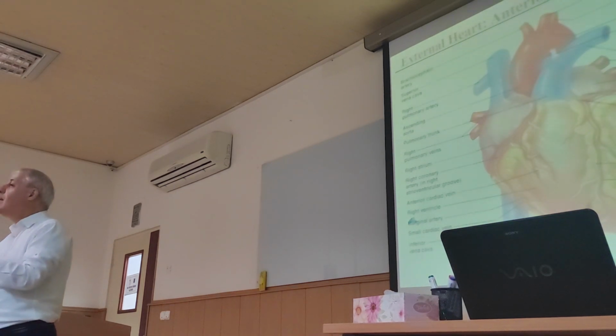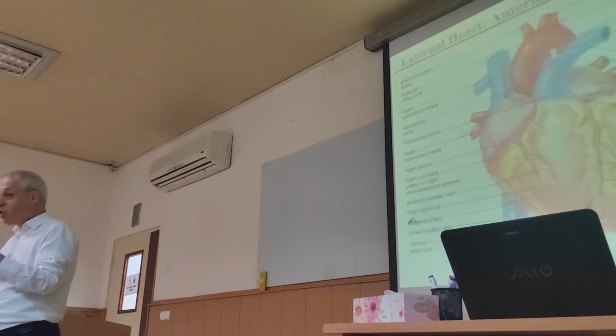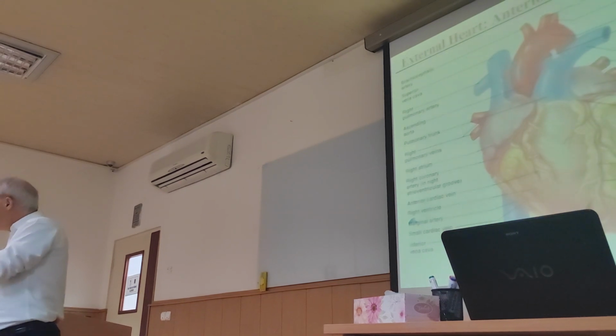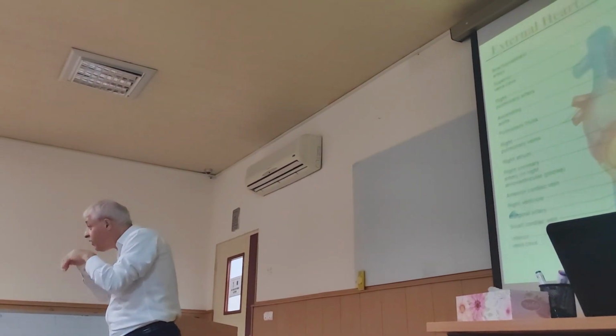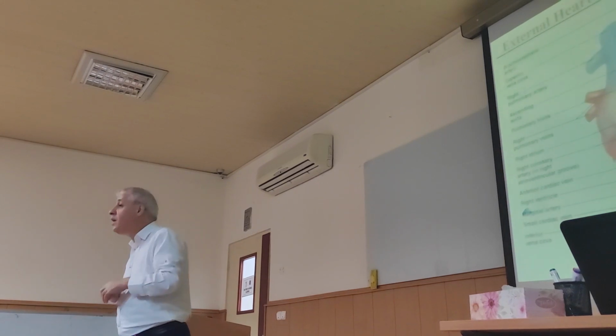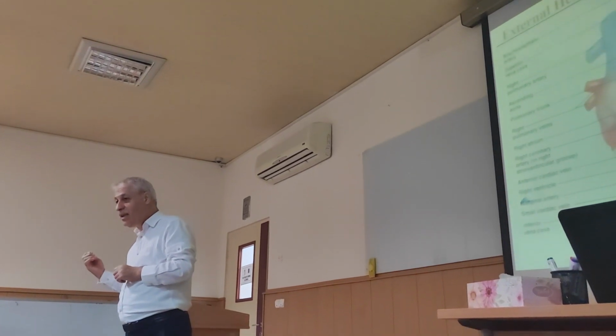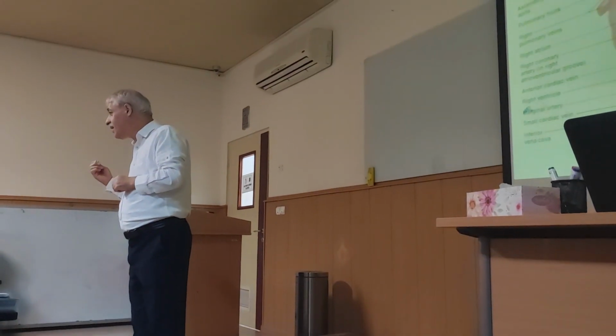And when the nutrients and oxygen are exchanged in the heart tissue itself, the venous blood comes back into the ventricle via special veins called Thebesian veins.